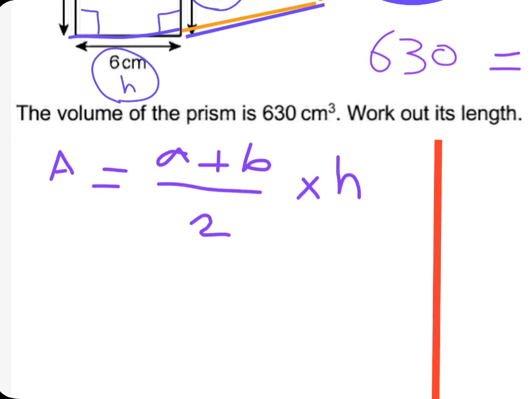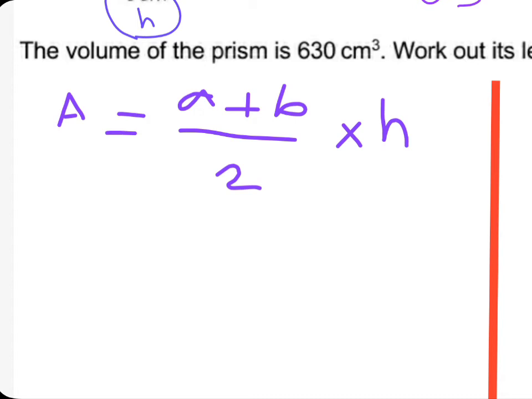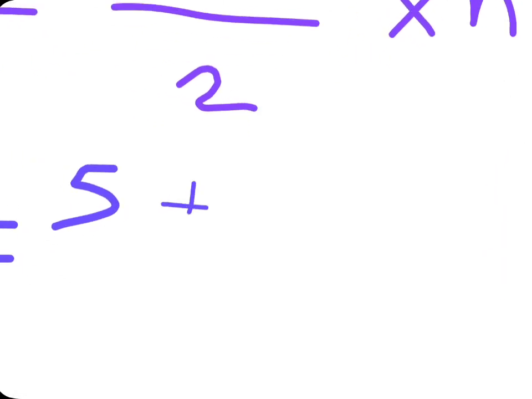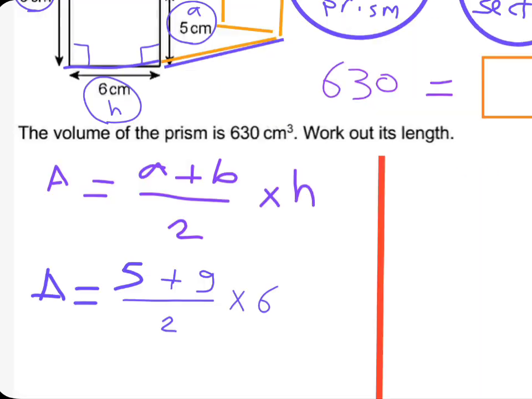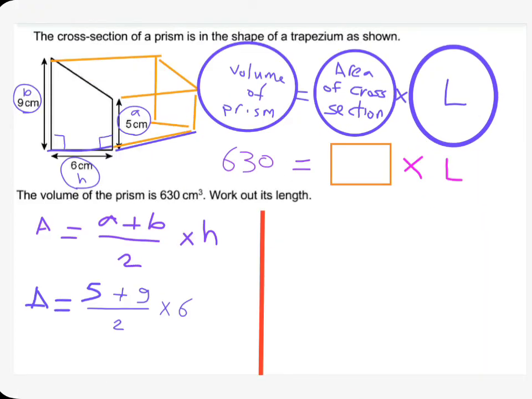So, A plus B divide 2. Area equals A, which is 5, plus 9, divide 2, multiplied by the height, which is 6, as we said. So, 5 is A, B is 9, and H is 6.